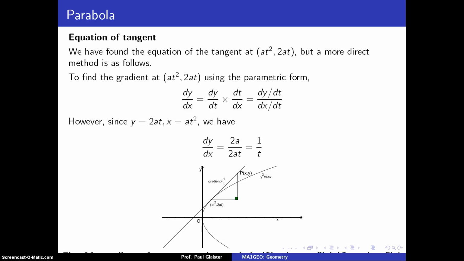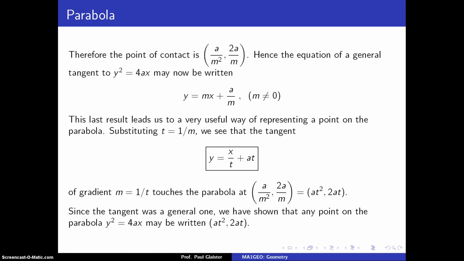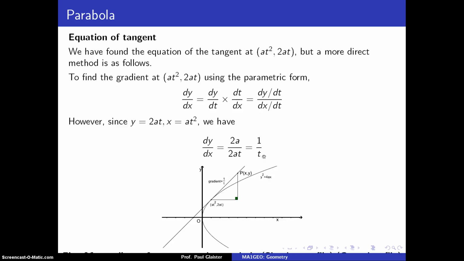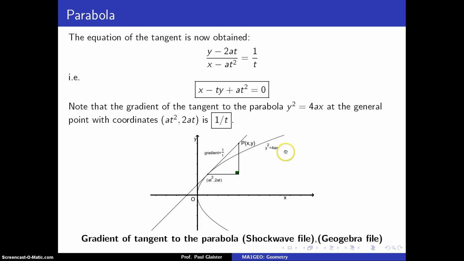And if you rearrange that, that's exactly the same as this equation here in the box. You can check that. So from now on, we're just going to use this expression and just take it for granted.